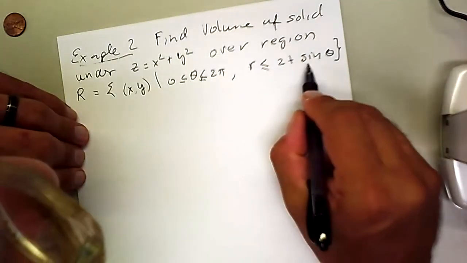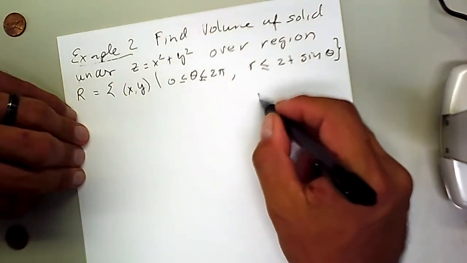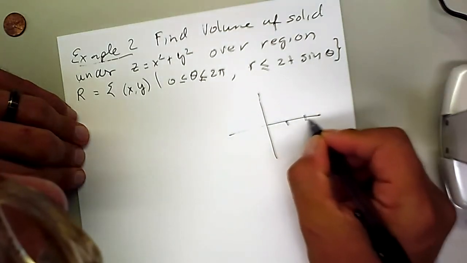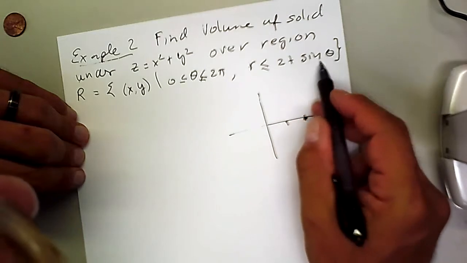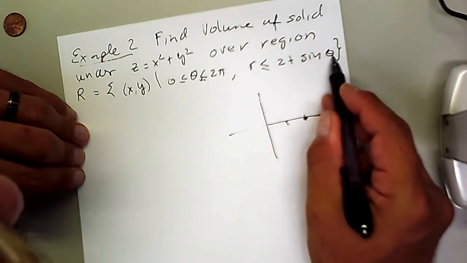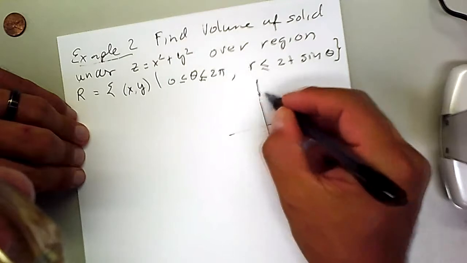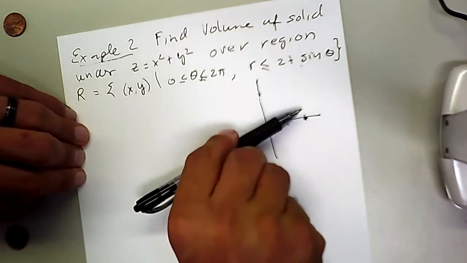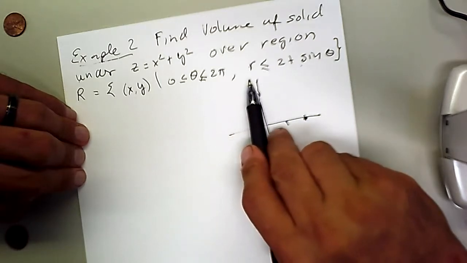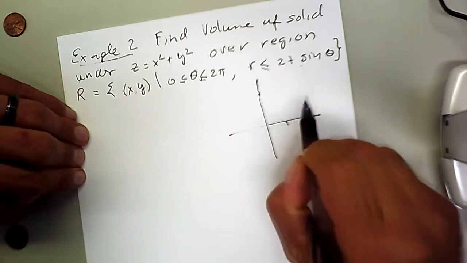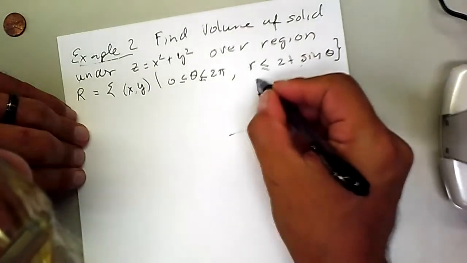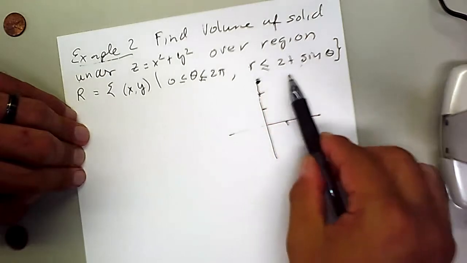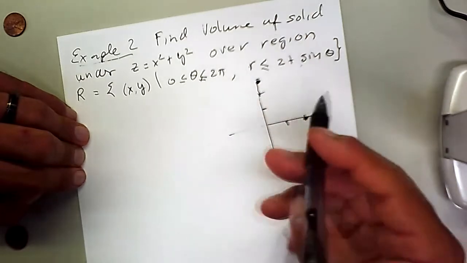Okay, so let's draw the region that we are integrating over. So when theta is 0, we are at 2, because we're adding nothing to it. When theta is pi over 2, we go up to 3 because we're adding 1. So as we sweep an angle starting here, going up to pi over 2, the sine turns 1, so now we go up to 3. So we start at 2, up to 3. Then at 2 pi, we get again 2.